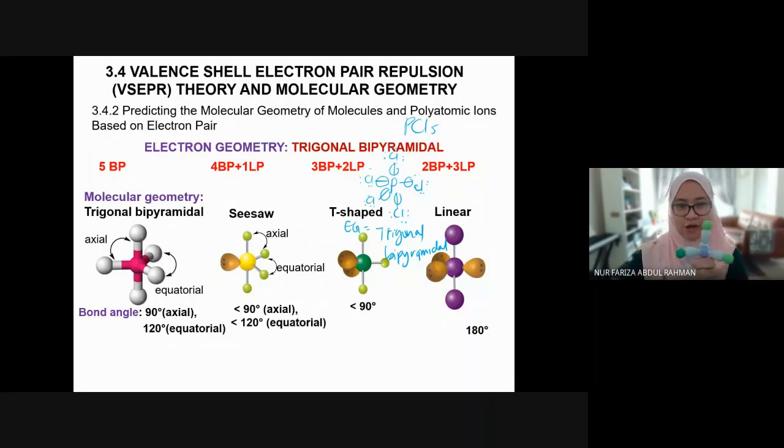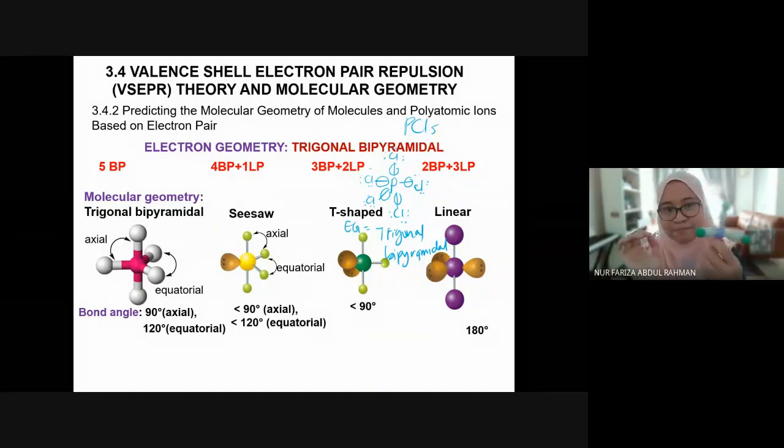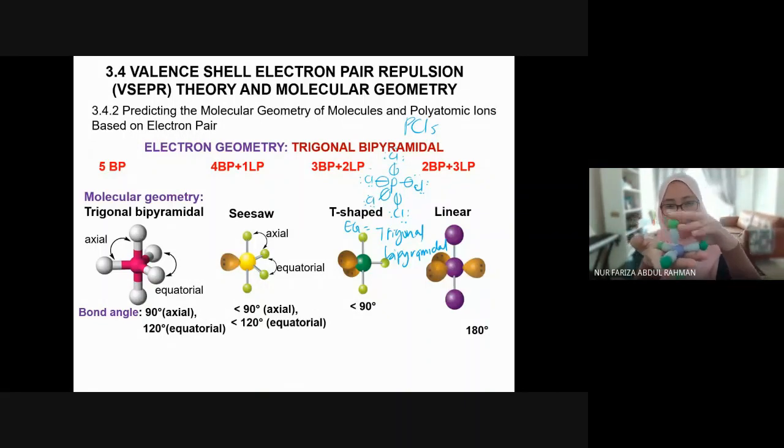Kat equatorial ni ada 3, so maksudnya ada 3 sisi. Ini baru bahagian atas, yang bahagian satu axial dekat atas this part. Now imagine we have the same pyramid at the bottom. So that's why it is named trigonal bipyramidal.